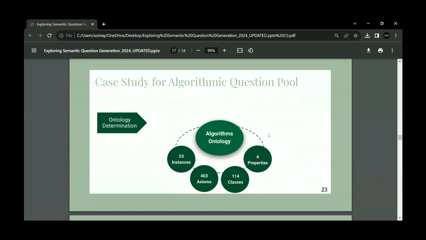This ontology contains the basic and fundamental concepts and the important concepts that are important for the students. The algorithm ontology has 403 axioms, 114 classes, 6 properties, and 23 instances.